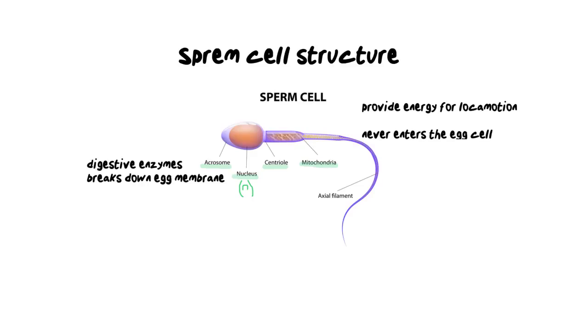Now, what's interesting about the mitochondria that we find in sperm cells is that they are there to provide energy for locomotion. As we know, sperm cells swim, but the mitochondria never enter the egg cell, even though the sperm cell burrows into the egg cell. In actual fact, the only part of the sperm cell that actually manages to make it into the egg itself is the head of the sperm cell, which contains the nucleus.